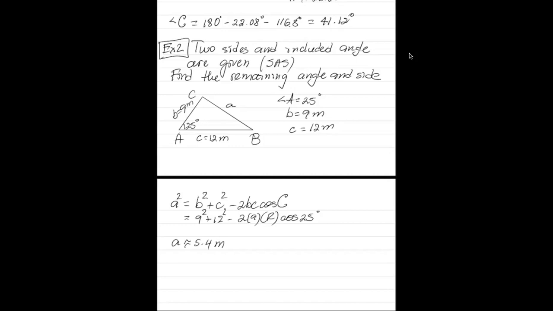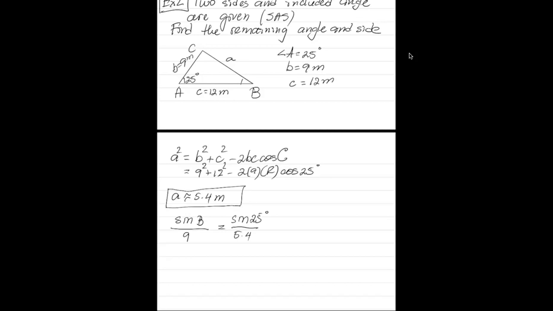To find the remaining angles, it's a lot easier if we use the law of sines. We write sine of angle B, because we want to find angle B, over the opposite side 9, equals, using the given information, sine of 25 over A, which we just found to be 5.4.